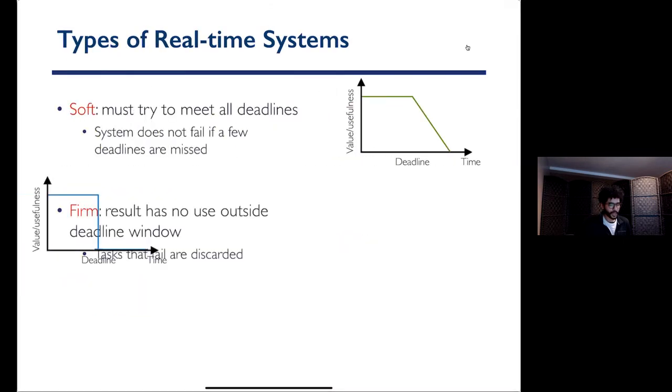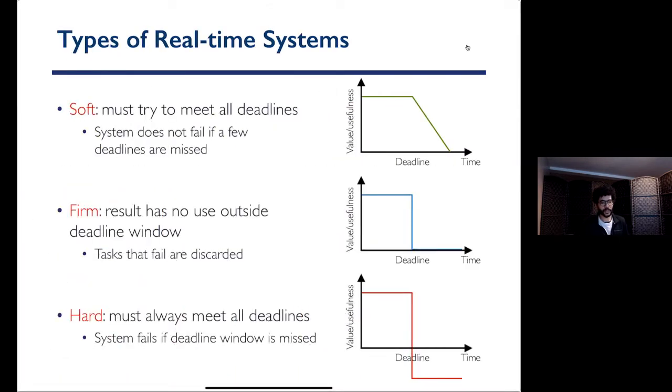There are, as we discussed, three types of real-time systems: soft real-time systems, firm real-time systems, and hard real-time systems. What distinguishes these systems from each other is how useful the work that you do is after its deadline comes. With soft real-time systems, there is still some value in finishing the job even after the deadline.